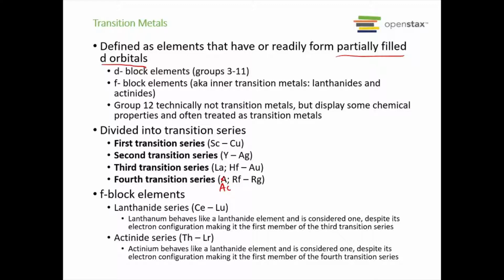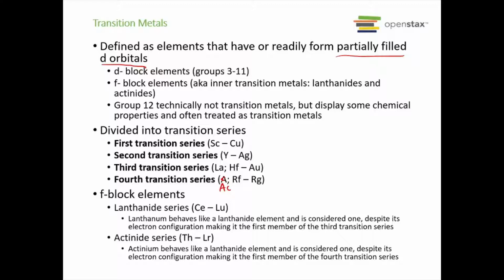So we also have the F block elements. We have the lanthanide series, which is technically cerium through lutetium. Lanthanum itself, which is the element right at the start, it behaves like a lanthanide element, so it's considered one, even though its electron configuration technically makes it the first member of the third transition series.